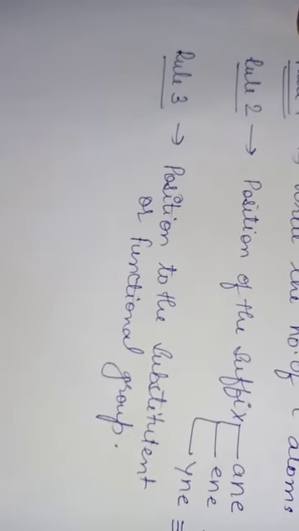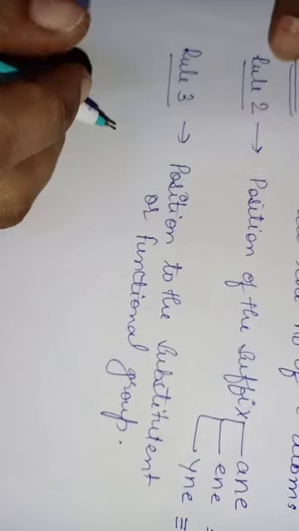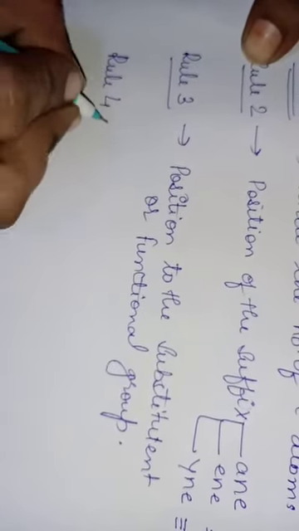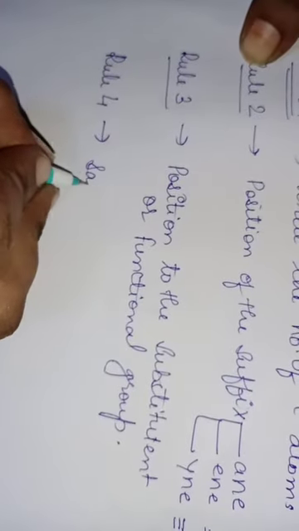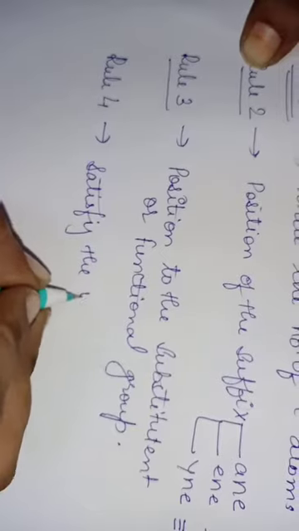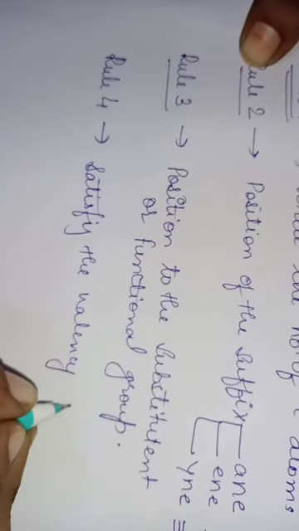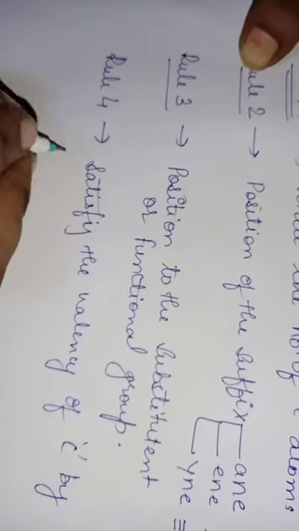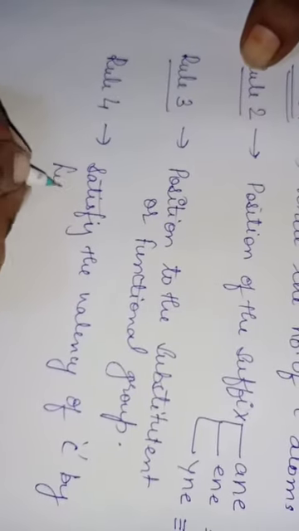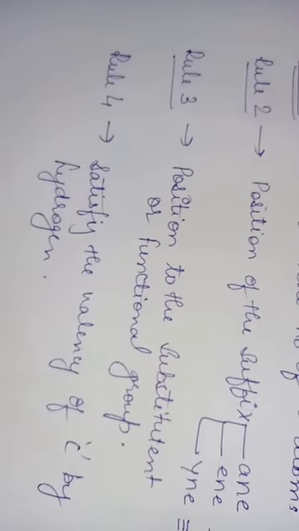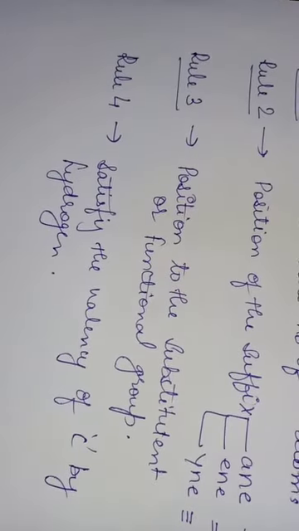And finally, the last rule, rule 4, is that we will satisfy the valency of carbon by hydrogens.